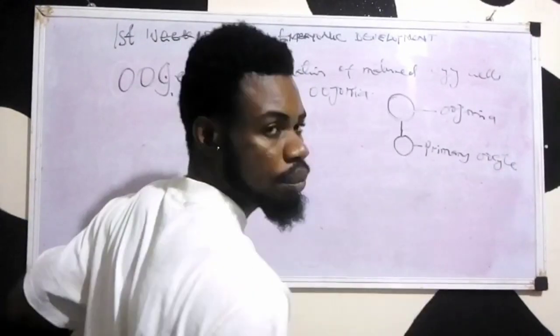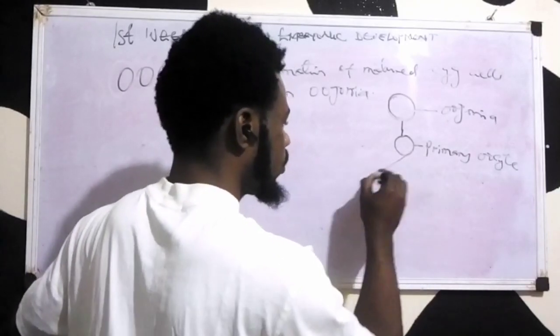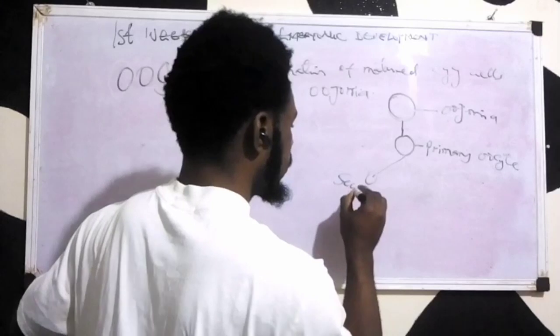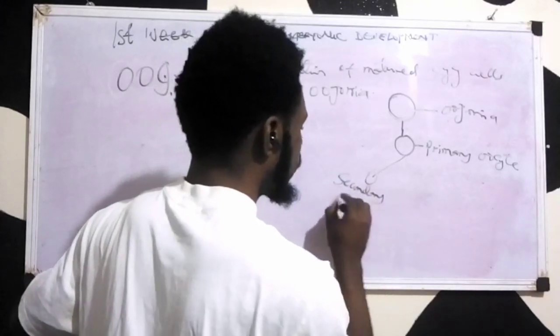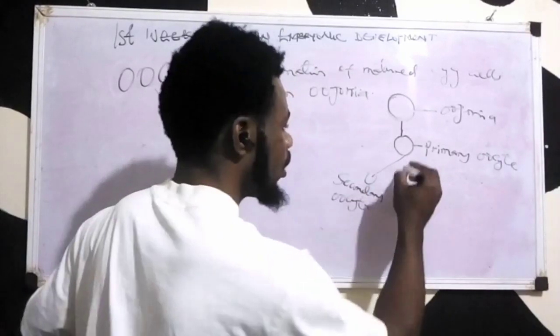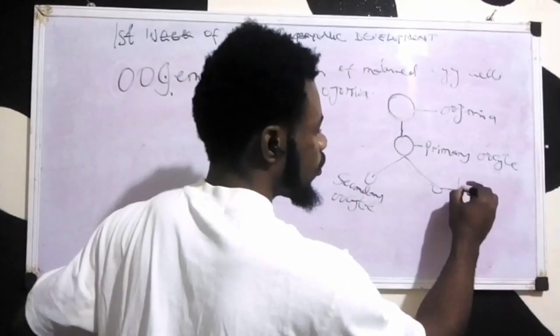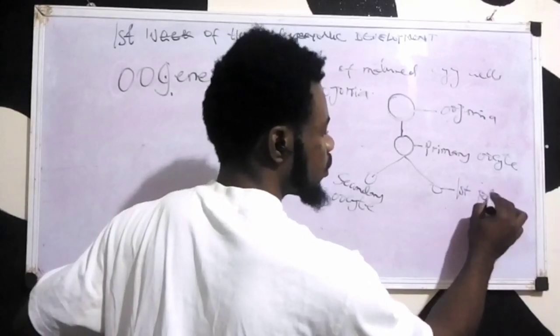The primary oocyte will undergo meiotic division to give rise to secondary oocyte, and this is what we call the first polar body.